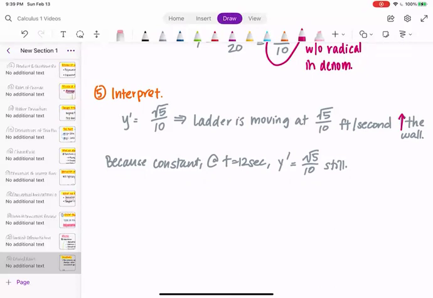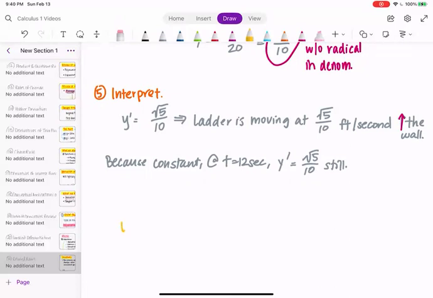Because that's constant, right? There's no way for this number to change. It'll be constant for every time the ladder was being pushed from the bottom at 0.25 feet per second, right? So because that's constant, there's no difference between t equals 1 and t equals 12.